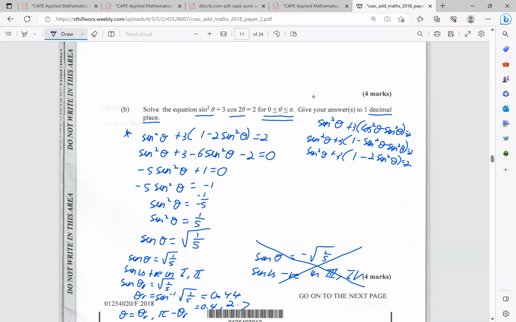And quadrant 3, remember, is pi to 3 pi over 2, so that exceeds the pi. And 3 pi over 2 to 2 pi also exceeds the pi range that they gave us.